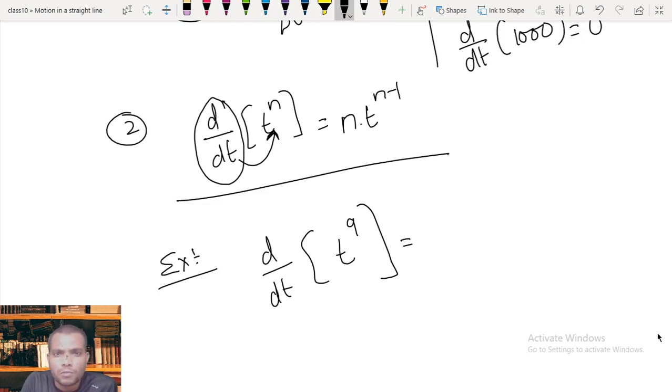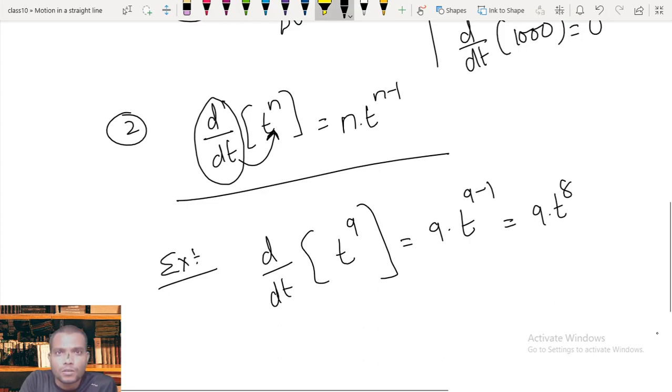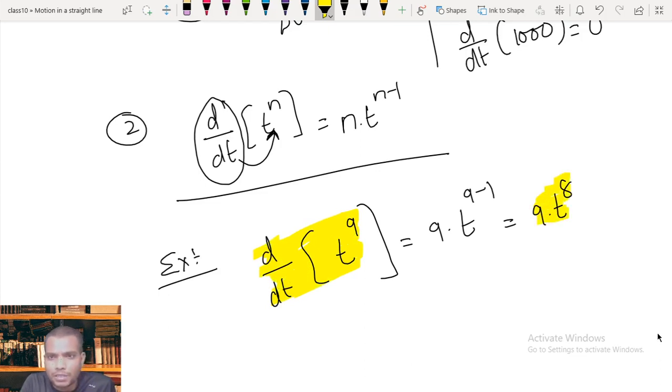Using this formula, in place of n I write 9, t remains as it is, and n minus 1 becomes 9 minus 1. So its value becomes 9 times t power 8. If I ask d by dt of t power 9, the answer is 9 times t power 8.